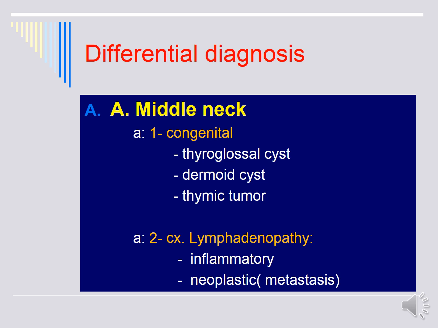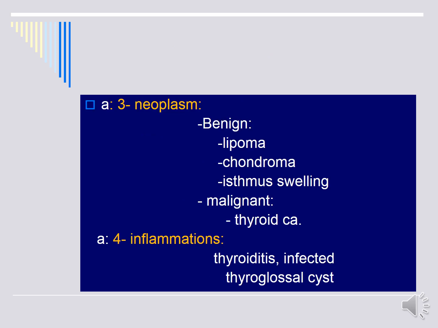So, the middle neck group includes congenital, like thyroglossal cyst or dermoid, lymphadenopathy, either inflammatory or neoplastic, neoplasm, either benign or malignant, or inflammatory like thyroiditis and infected thyroglossal cyst.